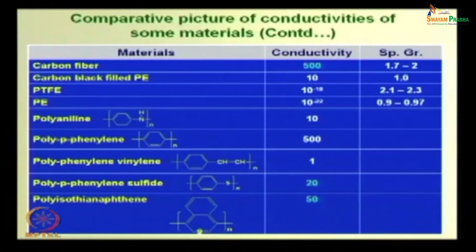Now, these are very easy to draw the formula on paper, on board, but difficult to synthesize, because once these polymers are formed, it becomes insoluble and infusible. How to process? For example, you can try in your lab class. In my lab, aniline is available.